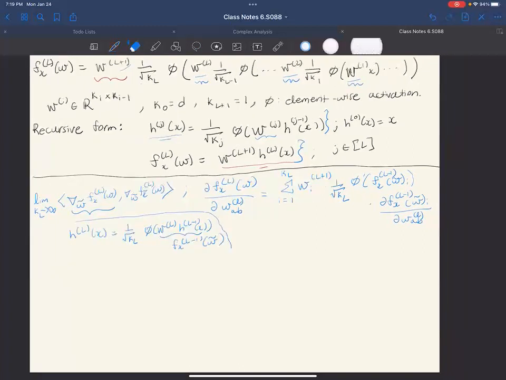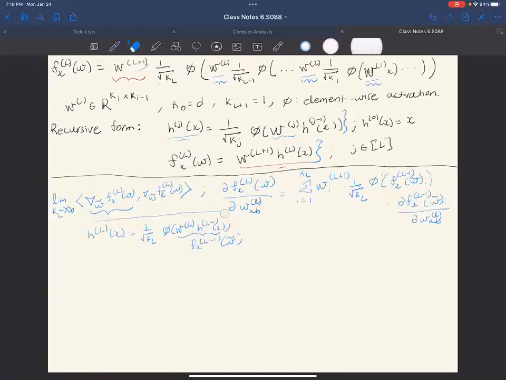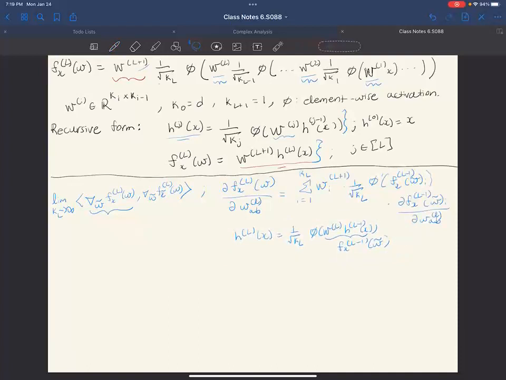So now that we're given these two, let me actually move this over here. So now that we're given this formula for these partial derivatives, we know what this limit actually is. So this limit is just exactly, limit as KL goes to infinity.